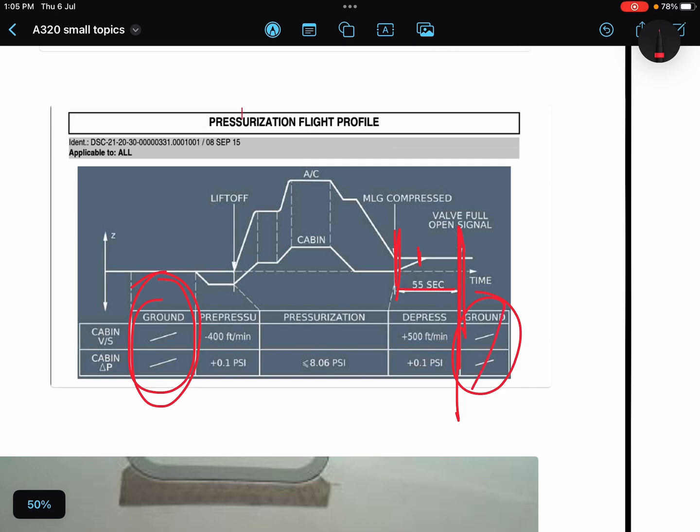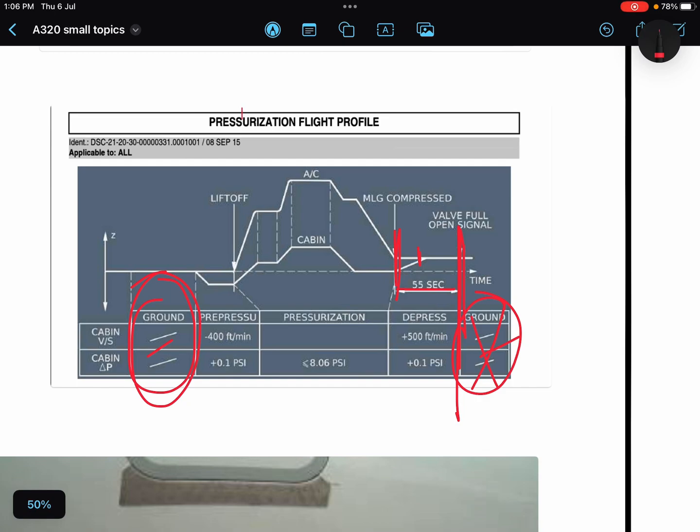So the outflow valve will be fully open, there will be no residual cabin pressure. Automatic transfer of the system takes place after almost 70 seconds. After 55 seconds after landing, your outflow valve fully opens to remove all the pressure inside. And after 70 seconds, if CPC1 was working, then it changes to CPC2. And if CPC2 was working, then it changes to CPC1, right?